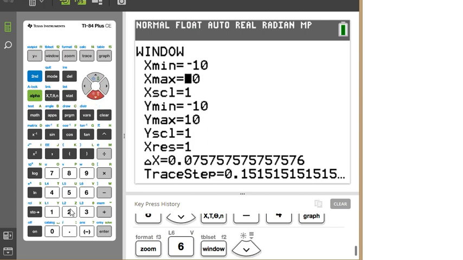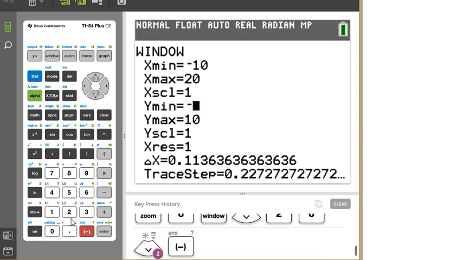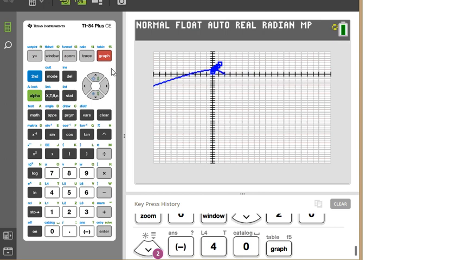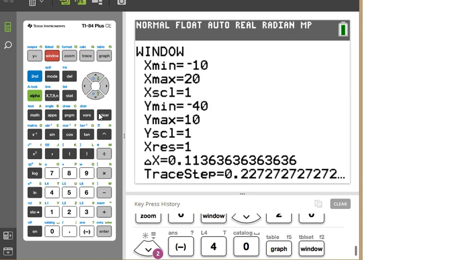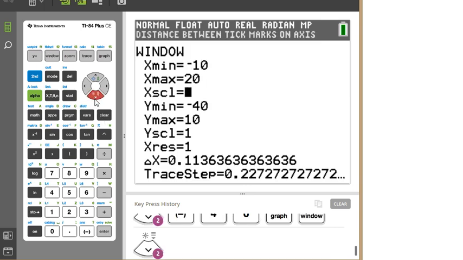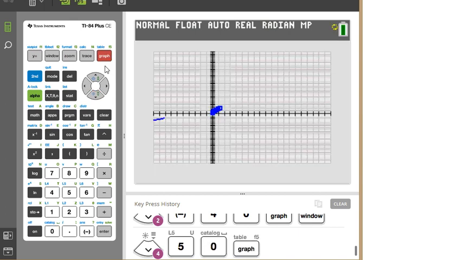Make this 20, make this negative 40. I think we're going to see it here. Positive 40. I'll make it positive 50. So there we have, you see our vertical asymptote here.